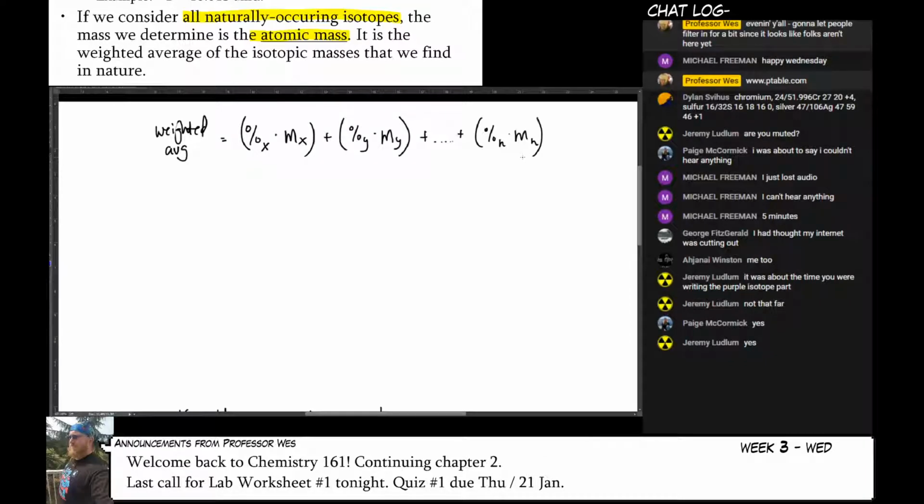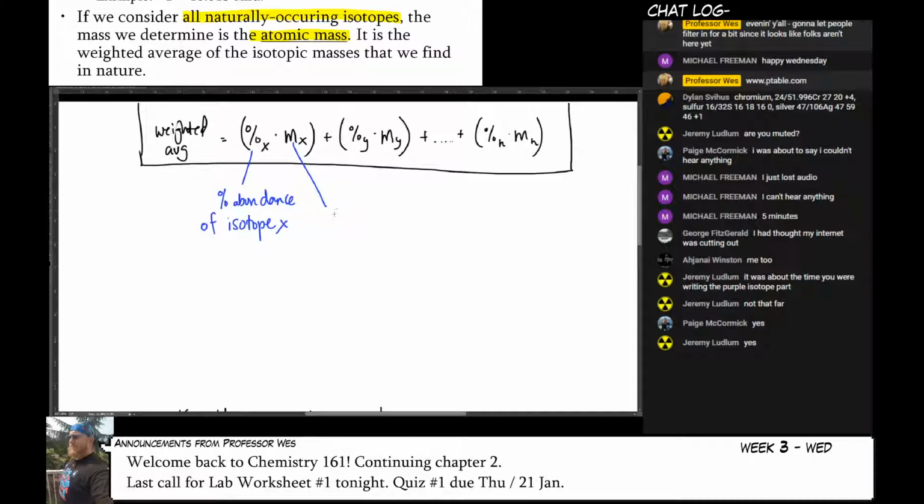You can put X's or Y's or 1s and 2s, it doesn't matter. But this formula will tell us the weighted average of any arrangement of percentages and masses. For our exploration of this, this is going to be the percent abundance of isotope X, mx will be its isotopic mass, and then this right here will be the atomic mass.